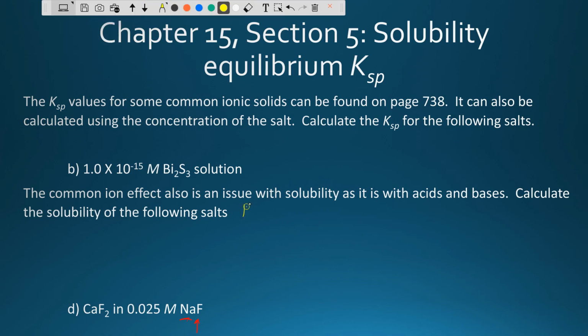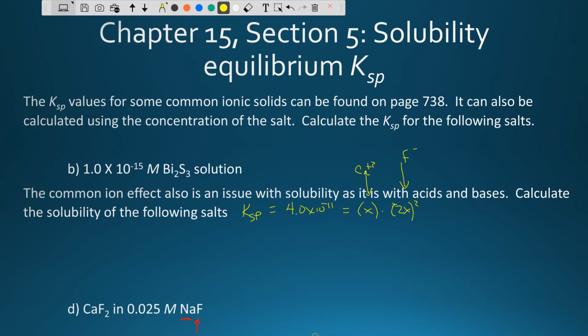We saw that we had the KSP originally with my calcium fluoride. That was 4.0 times 10 to the negative 11. That was equal to x, this was my calcium, times 2x squared, that was my fluoride. Okay, so that was when I had calcium fluoride.